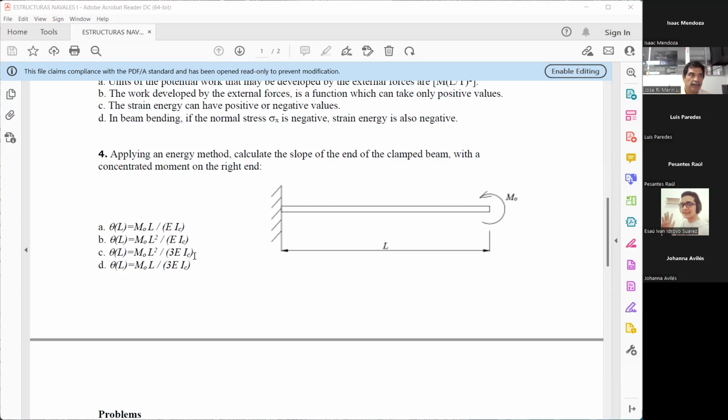My answer is D. So B or C cannot be, because the units are incorrect. Okay, but you can solve it numerically or analytically.